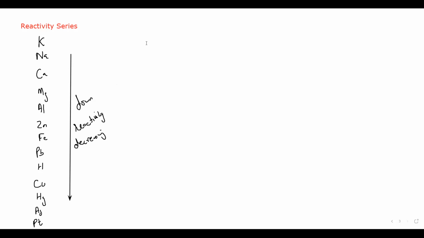And how to learn this reactivity series, you will learn from this sentence: please send cat, monkey, and zebra in large high cage. Make sure pets locked. So using this, you will memorize this reactivity series.